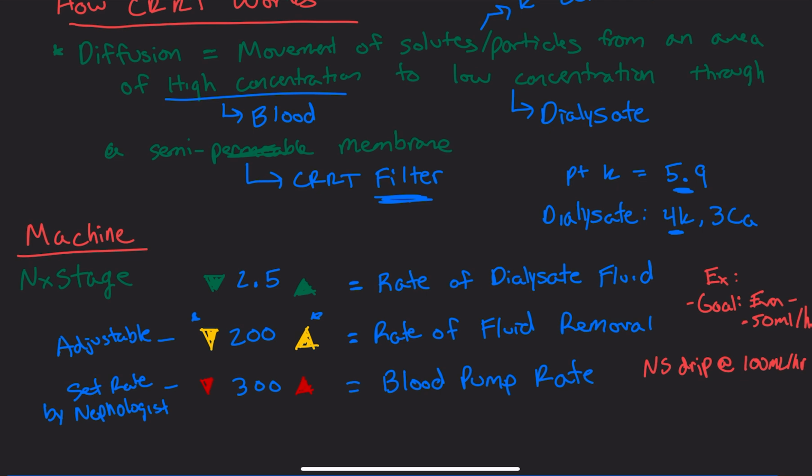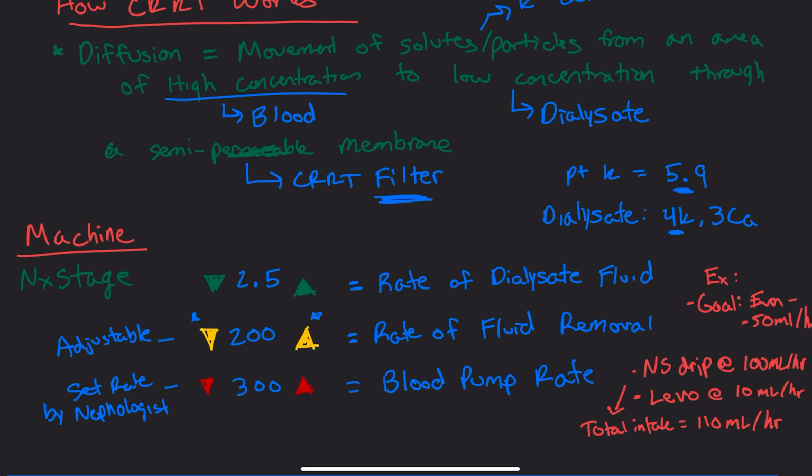Maybe they're also on some Levo, and let's say this is running at 10 mLs an hour. And those are the only two drips they're on. They're not on any tube feeds, anything like that. So here, total intake is 110 mLs an hour. Now you know your intake is 110 mLs an hour.